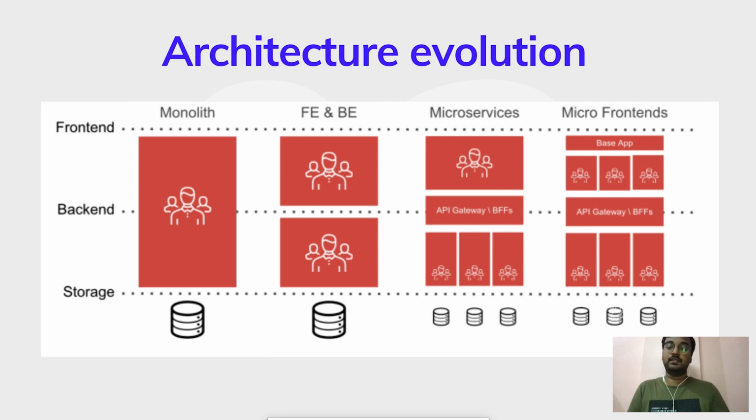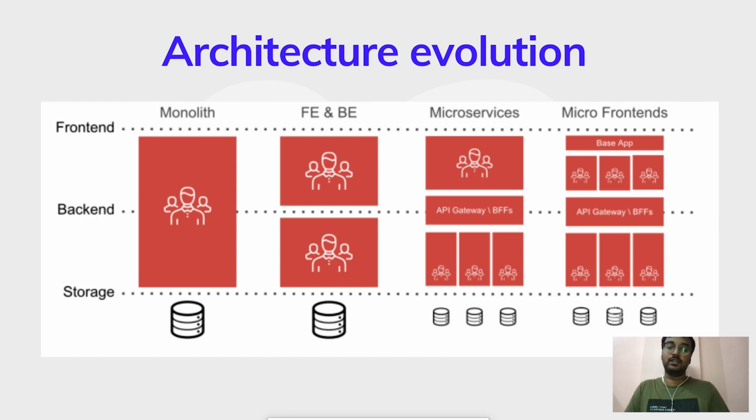And if someone wants to create something related to booking, then they had a separate team, and so on. So this basically happened in the backend, and then we have something called micro frontends as of now, wherein each and every team would be segregated based on the operation that you're doing.